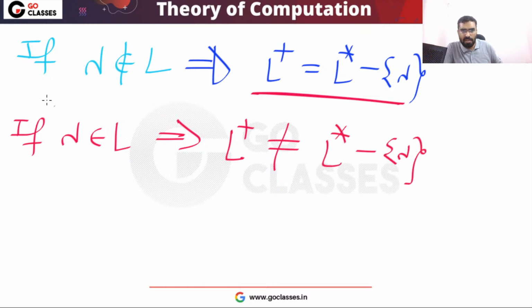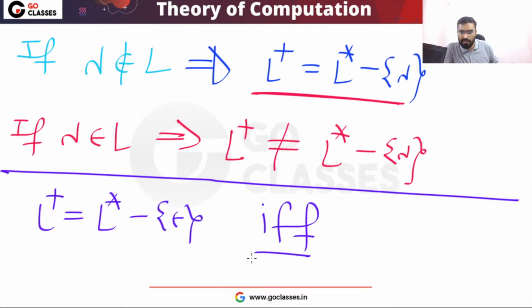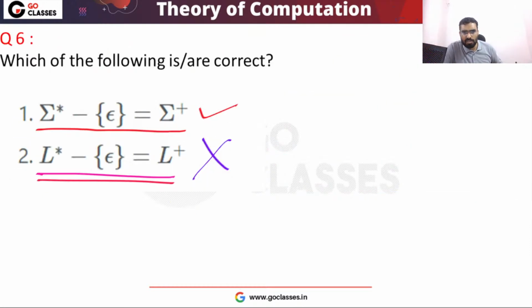Is this clear? So finally I can say L plus is equal to L star minus the empty string if and only if the empty string does not belong to L. Please tell me, is this point clear to everyone?